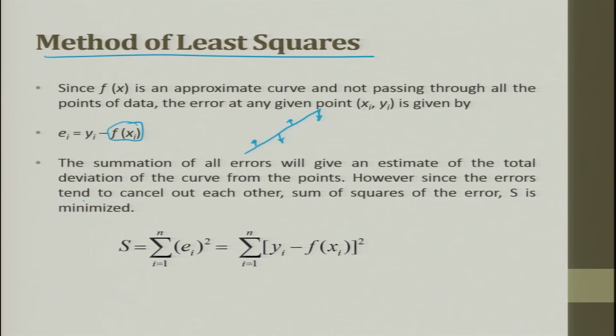However, since the errors tend to cancel out each other, the sum of the squares of errors should be minimum. So, this error deviation should be minimum. Suppose you have a set of data points like this and you are trying to draw a line or a curve. I am trying to shift this curve such that I have minimum error between the data points.